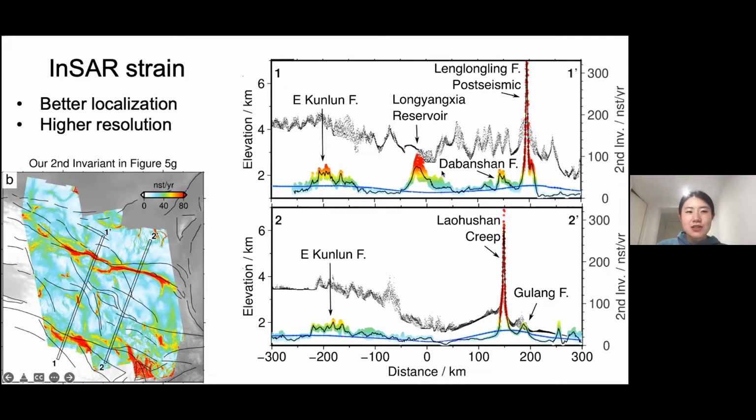So the InSAR-derived strain rate is telling us more about how strain is released or partitioned between the different fault structures. And in addition, we can see secular crustal deformation caused by non-tectonic features as well.